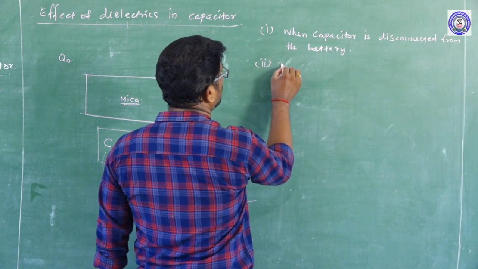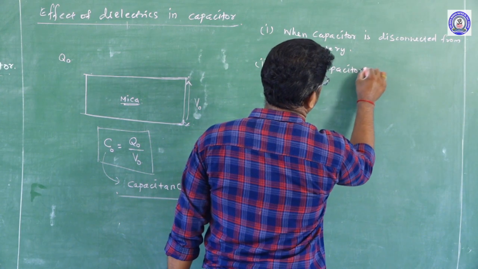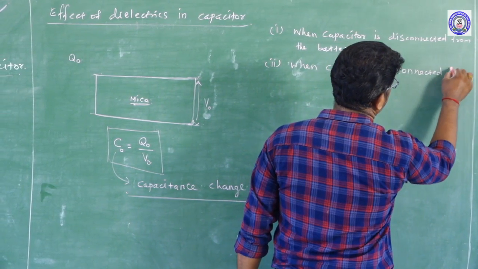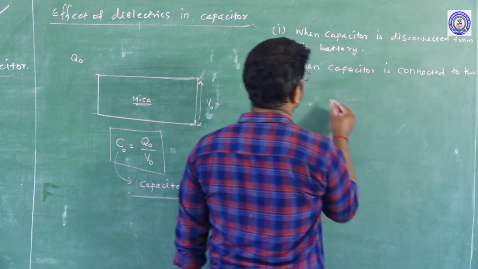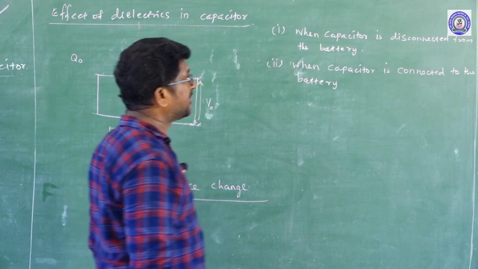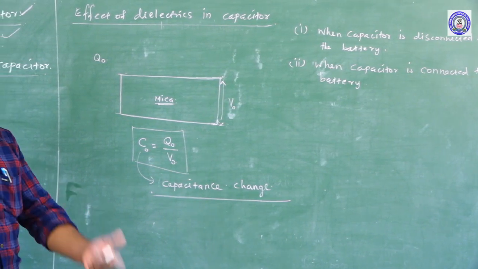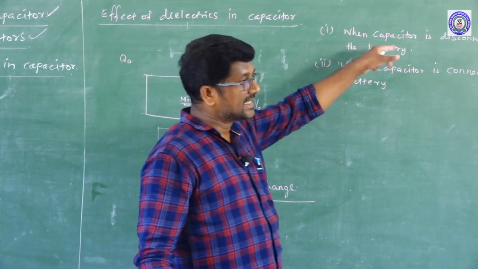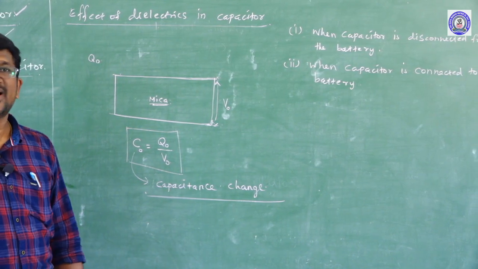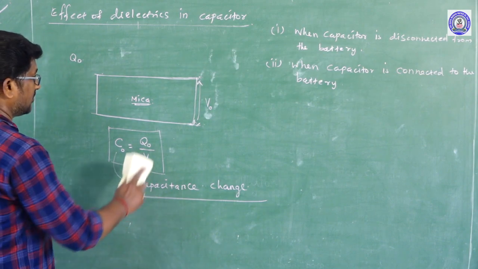Second, when the capacitor is connected to the battery. So, dielectric material can be inserted between the two plates of the capacitor in two different ways. They are when the capacitor is disconnected from the battery, and the second one is when the capacitor is connected to the battery, right. First, when the capacitor is disconnected from the battery, right.